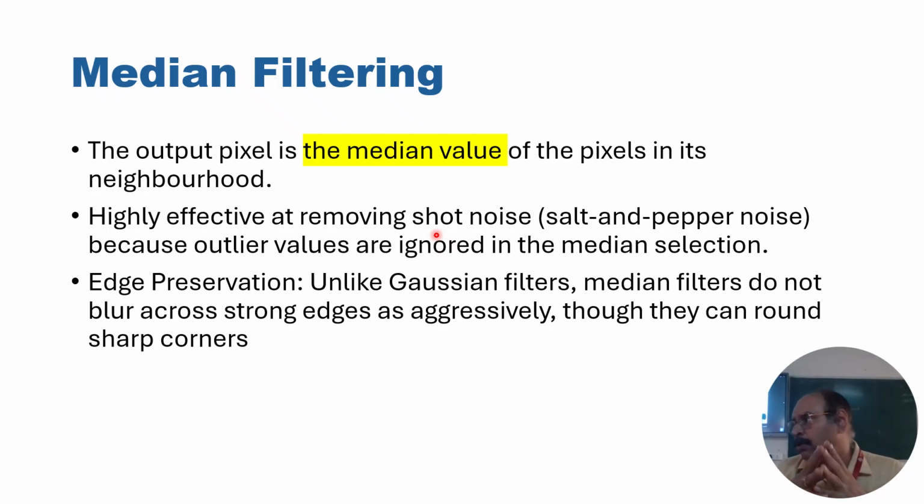The most common filter, whatever we have seen, is the Gaussian filter. We'll take Gaussian filters as standard for almost all kinds of our study. Here, blurring of edges is avoided in median filtering, unlike the Gaussian filter.